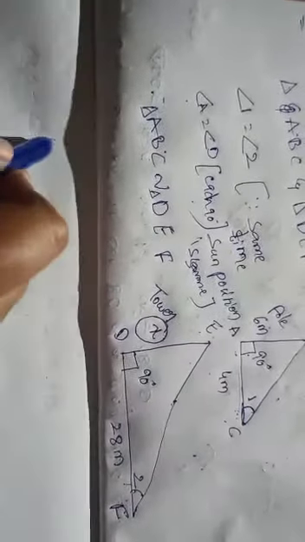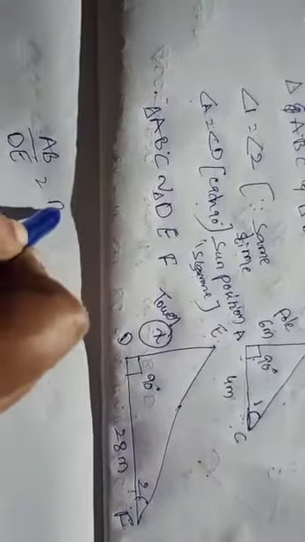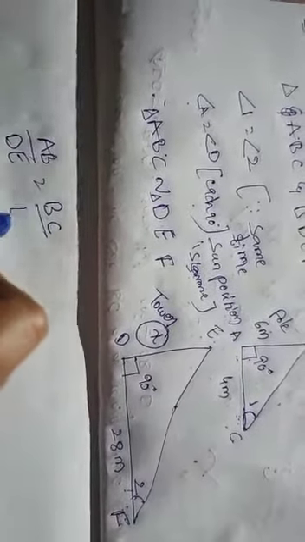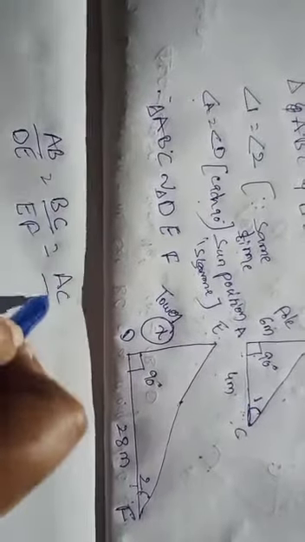Corresponding sides are in same ratio. It means AB by DE equals BC by EF, which equals AC by DF.